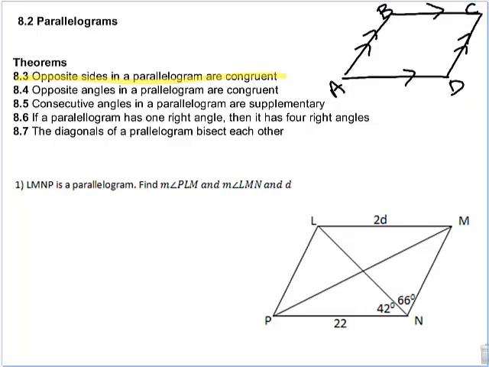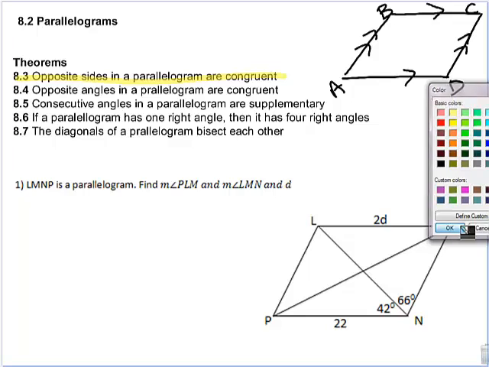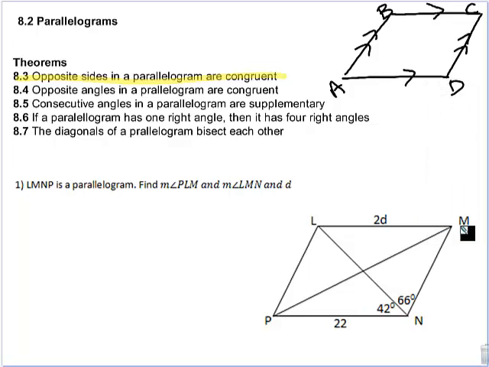So this first theorem says the opposite sides in a parallelogram are congruent. So which sides would have to be congruent? AB and CD, yep. What other sides would have to be congruent? BC and AD. Okay, so the opposite sides should definitely be congruent.